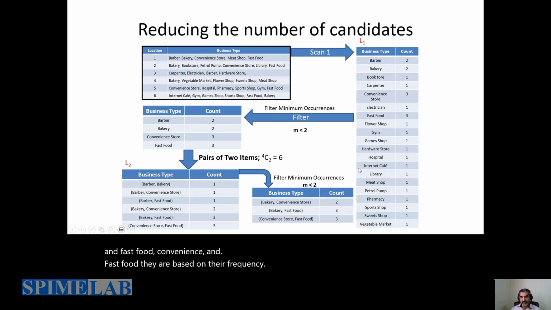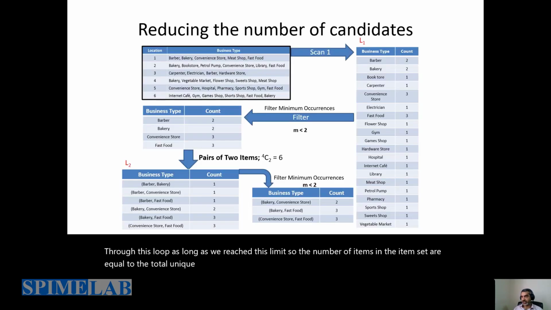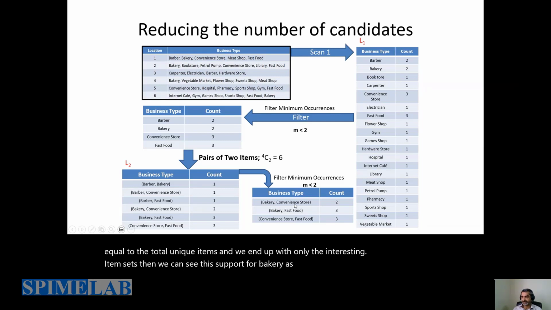So we keep going through this loop until we reach this limit, where the number of items in the item set is equal to the total unique items. And we end up with only the interesting item sets. Then we can see the support for bakery as antecedent, convenience store as consequent.